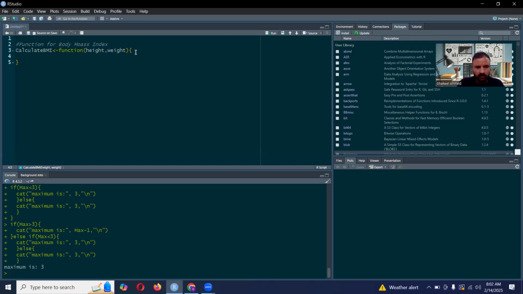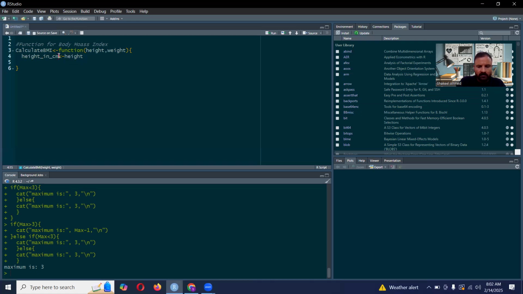So you need to first convert height into meters if the data is in centimeters. So I will just change height in centimeter is equal to height divided by height in meters.